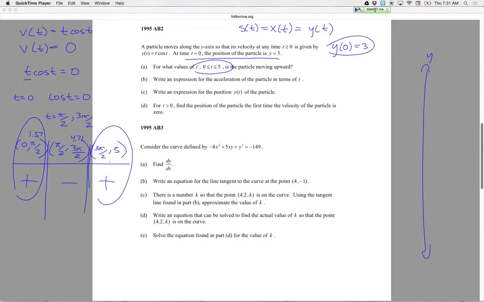You have to say the particle is moving upward from 0 to pi over 2 and from 3 pi over 2 to 5. They are trained not to look at any student's sign analysis. That's for you, not for them. What you have to do is take the sign analysis, interpret it, and then answer the question. They don't even get points for sign analysis.